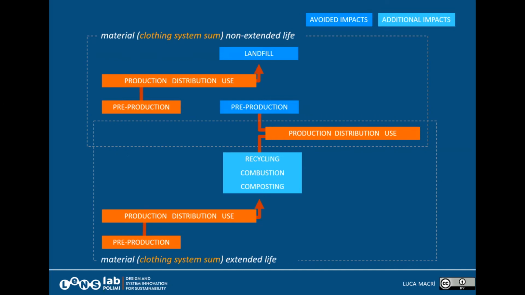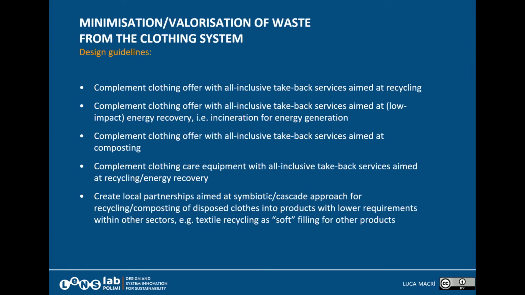If you don't recycle within your system, you have to collect virgin material to make new products, but also take care of the impact that recycling, combustion or composting could have. So it has to be taken into consideration. And again, we are not talking just about product, but the overall sum of products, for example clothes, clothing care products, etc. So these are the guidelines for this strategy.